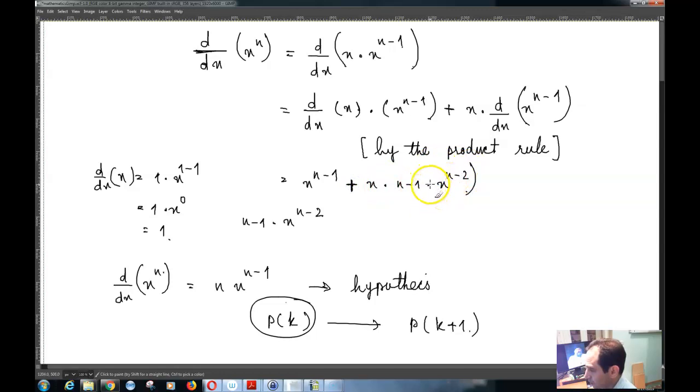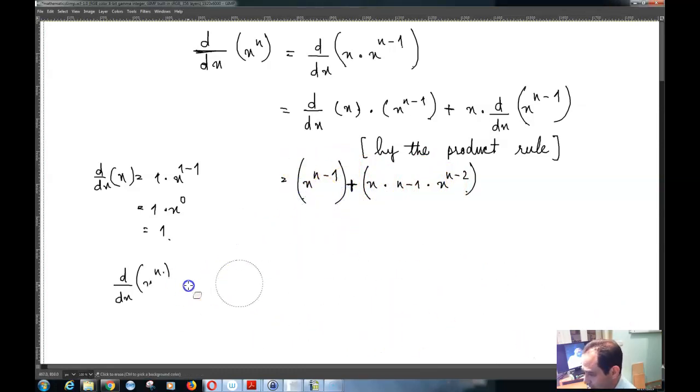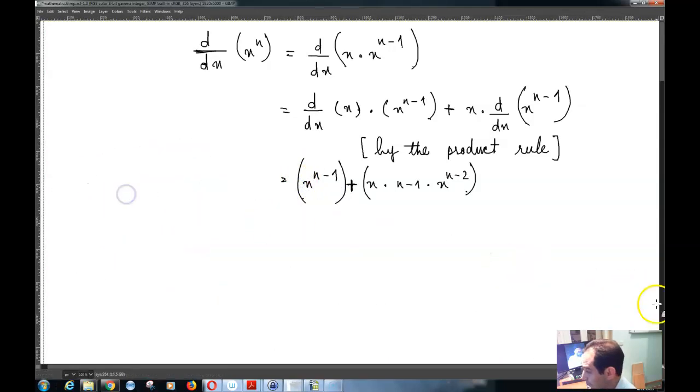So this is basically the two parts of this thing over here, and then let's see what we get. So you have x raised to the power n minus 1, x raised to the power n minus 2, and you have an x over here.